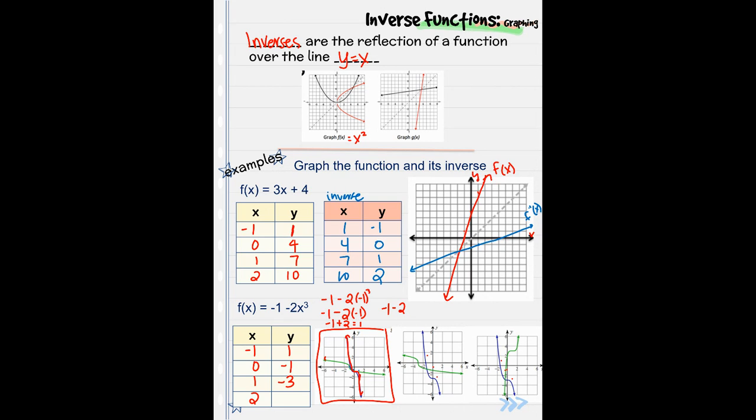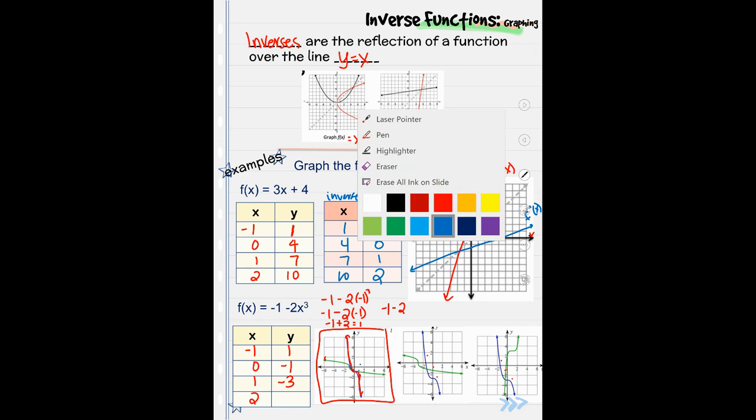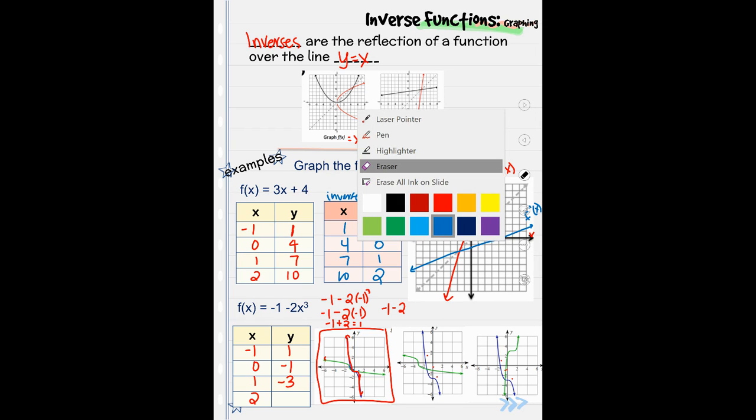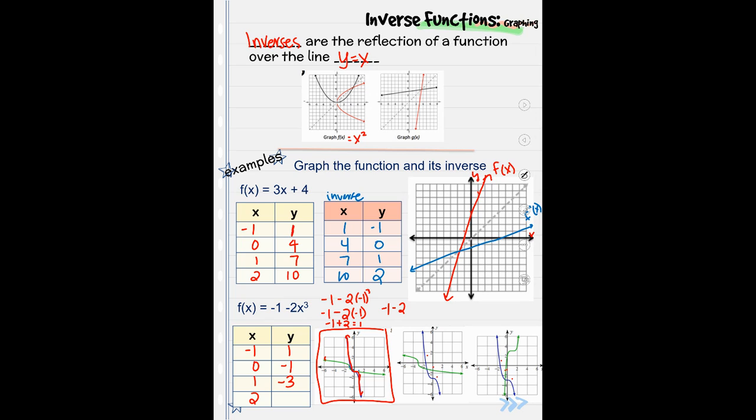Oh, I did that wrong. So there's our 3 points. It is on our line here, so this must be the inverse. So that must be the answer.